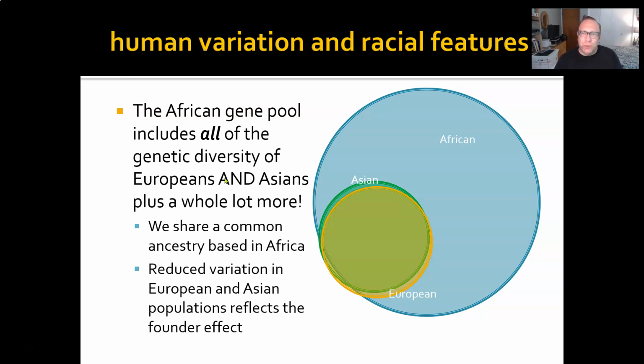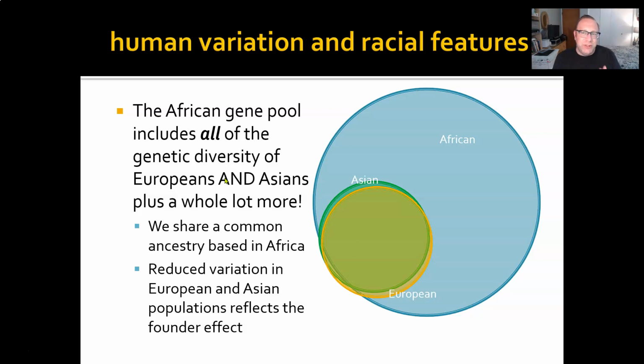The African gene pool includes nearly every gene in the human genome that is also in either the Asian or European gene pool, if you're going to draw lines around them that way. That is because we share a common African ancestry. We can all theoretically trace our lineages back to Africa 100 to 200,000 years ago.